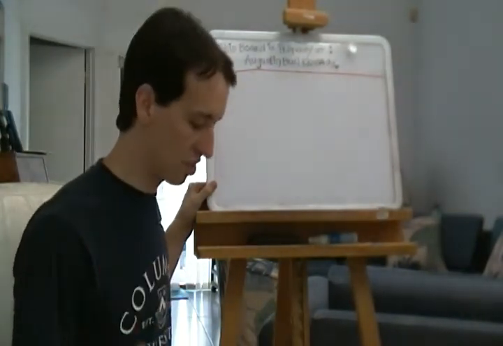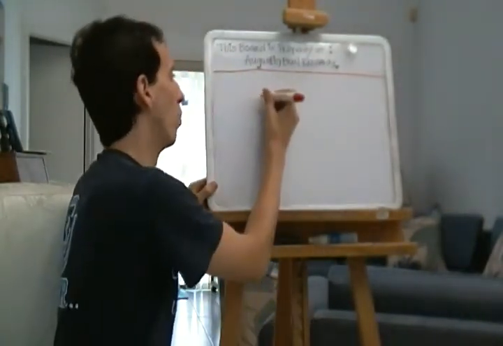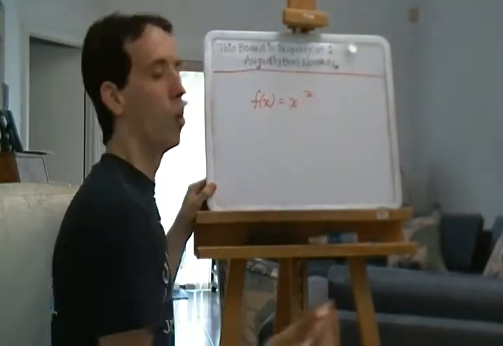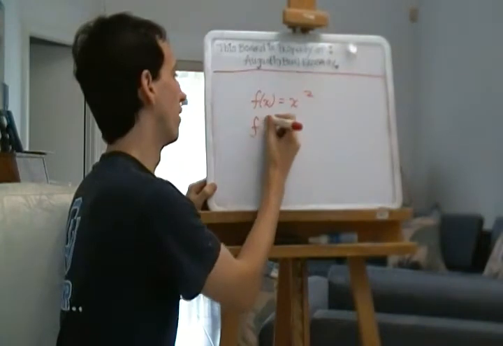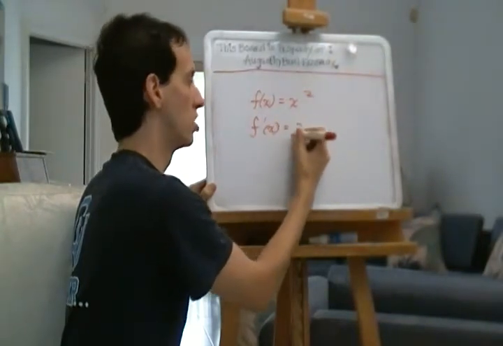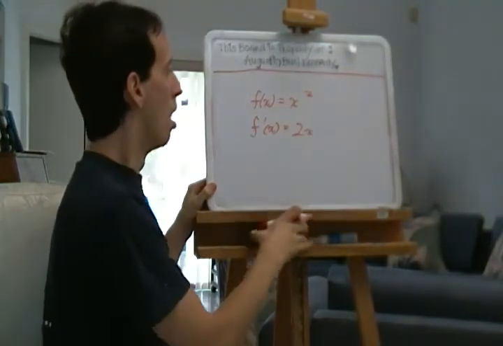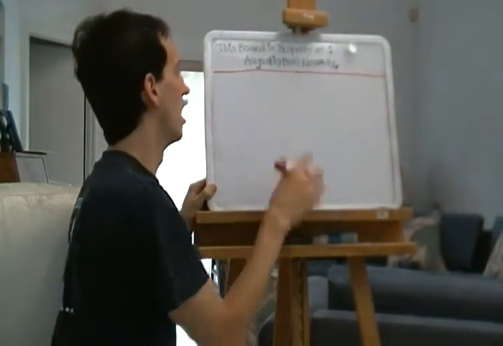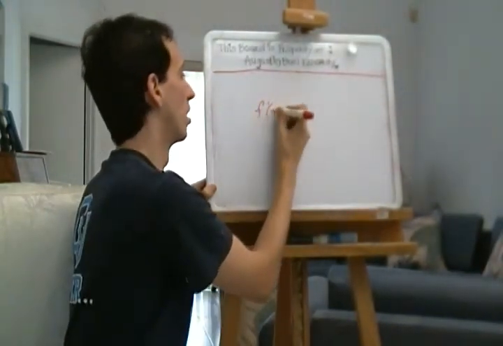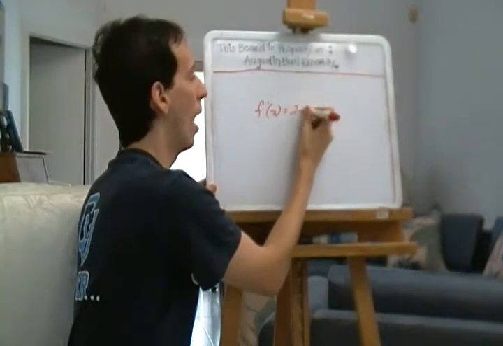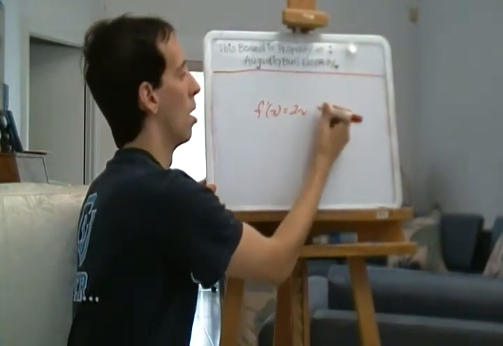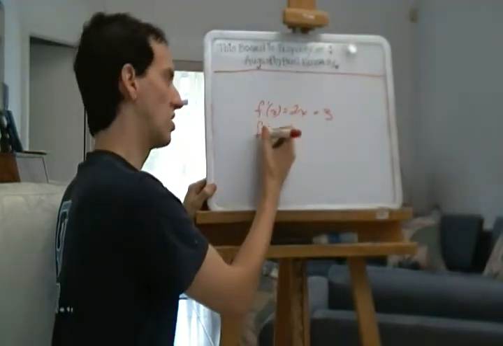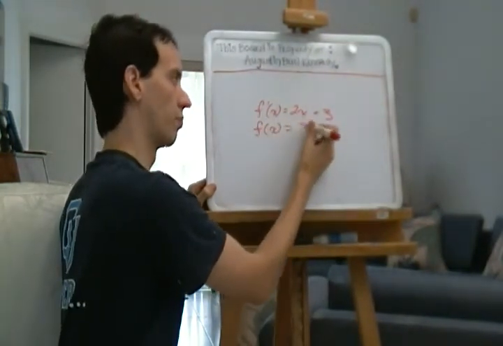Now, what is an antiderivative? Let's say we have f of x equals x squared. We know that the derivative, f prime of x, is 2x. But what if we're given information that f prime of x equals 2x plus 3, and someone asks us, what's f of x?